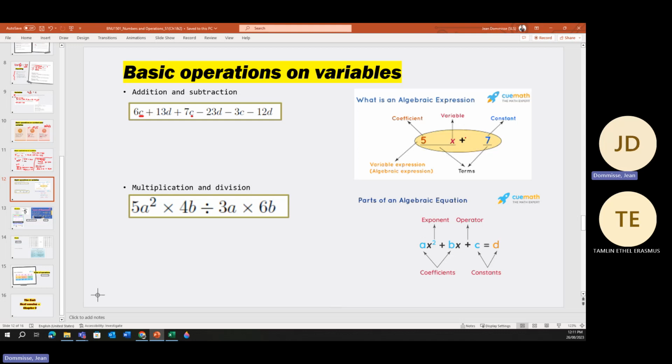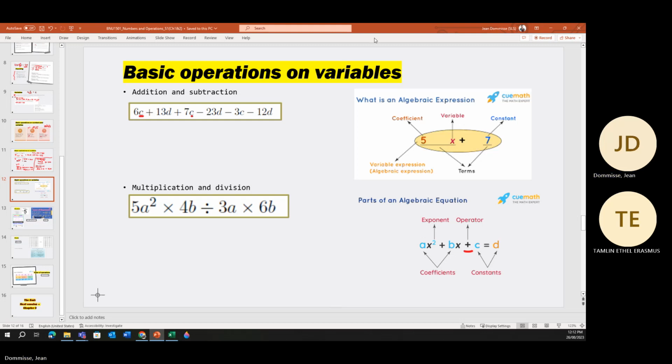So if they ask you somewhere in an assignment or in the exam, what is the constant, what is the variable, what is the coefficient, then at least you can see it here. Also, what is the operator in this environment? So if needed, they might ask you a bit on the theory of that.